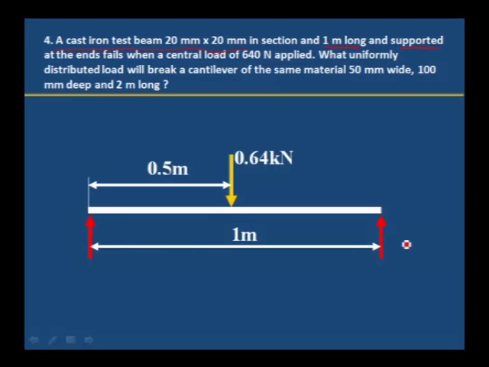It is simply supported with a 1 meter length, and it carries a central point load W, not a UDL, of 640 Newton, which is 0.64 kilonewton. What uniformly distributed load will break the cantilever? The first case is a simply supported beam carrying a central point load. In this condition, we have to find out the stress value.